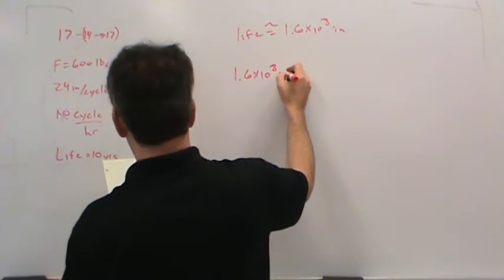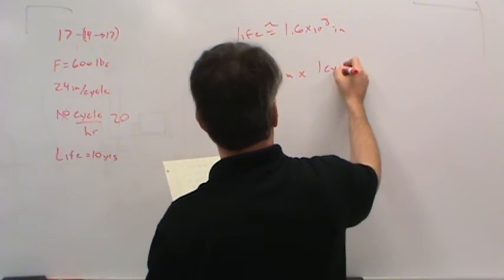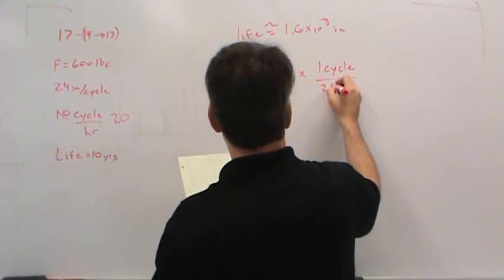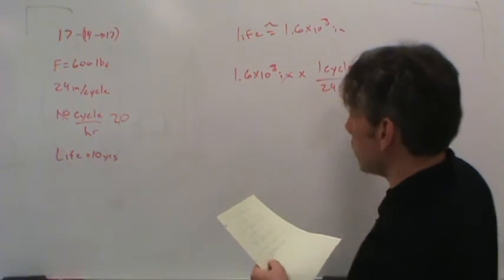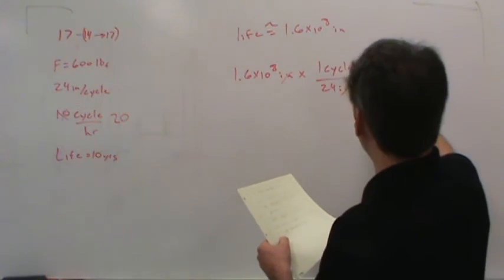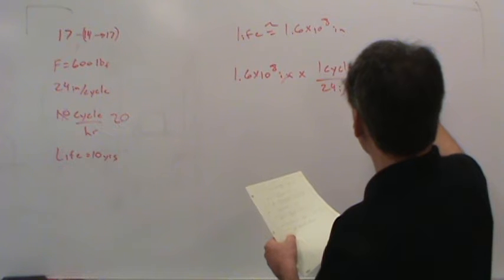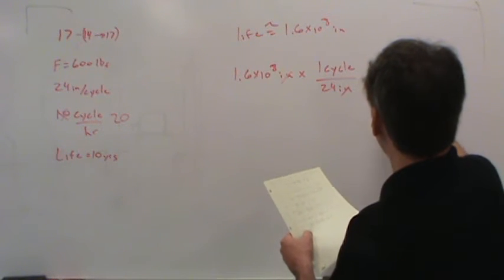Now, if I take this and try to figure out how many years it'll last, 1.6 times 10 to the 8th inches, we've got one cycle per 24 inches, right? That'll take care of the inches. And they've changed things so that now it's 20 cycles per hour. So that's 1 hour per 20 cycles.